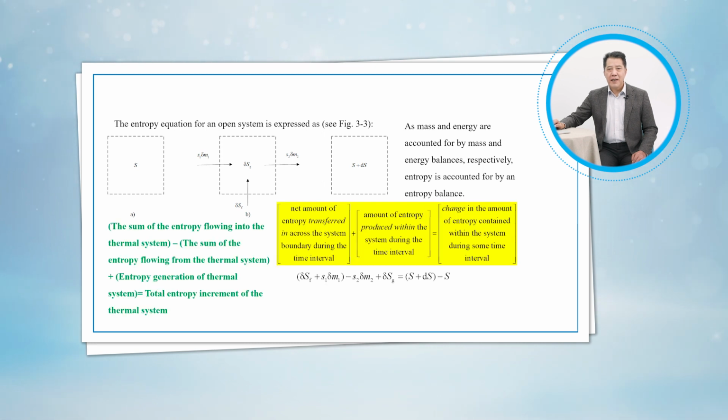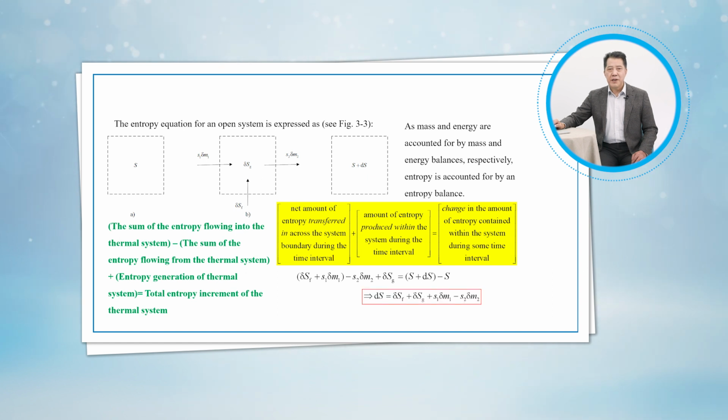The entropy balance for an open system is the sum of the entropy flow into the thermal system minus the sum of the entropy flowing from the thermal system plus the entropy generation of the thermal system equals the total entropy increment of the thermal system.